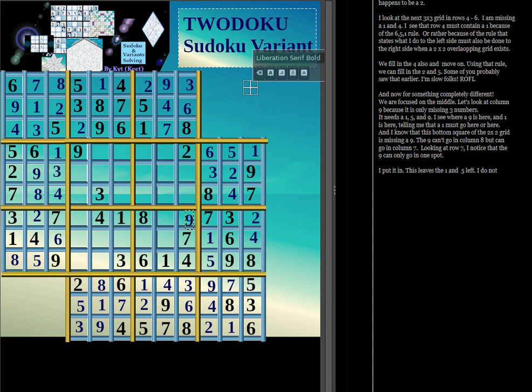I do not see which goes where, so I move to the next column over. Let's move to row 7 and 8 instead, and specifically this box.